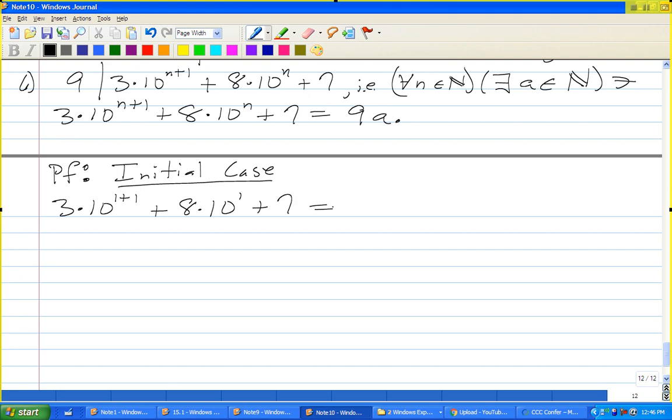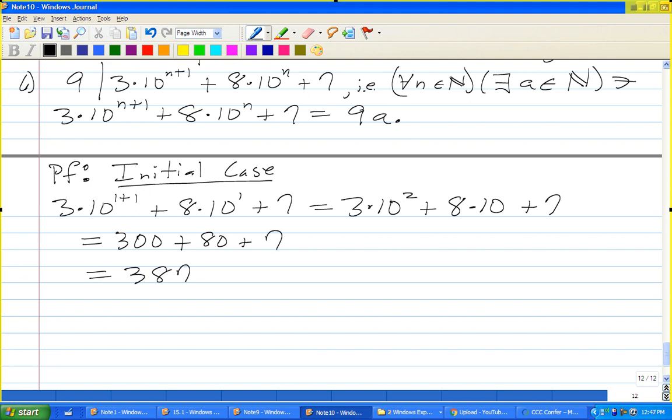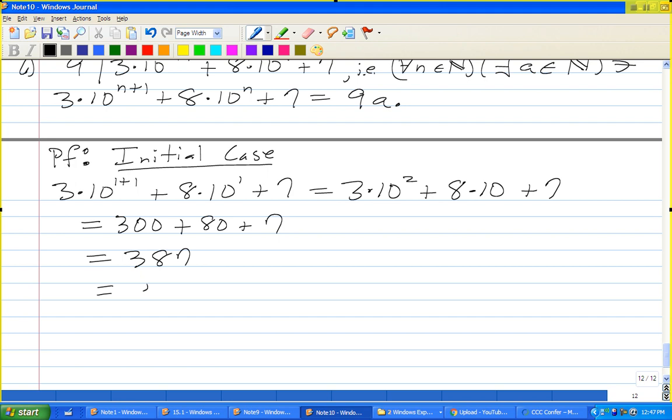So this is equal to 3 times 10 squared plus 8 times 10 plus 7. So 300 plus 80 plus 7. So 387. So this is equal to 9 times 43.